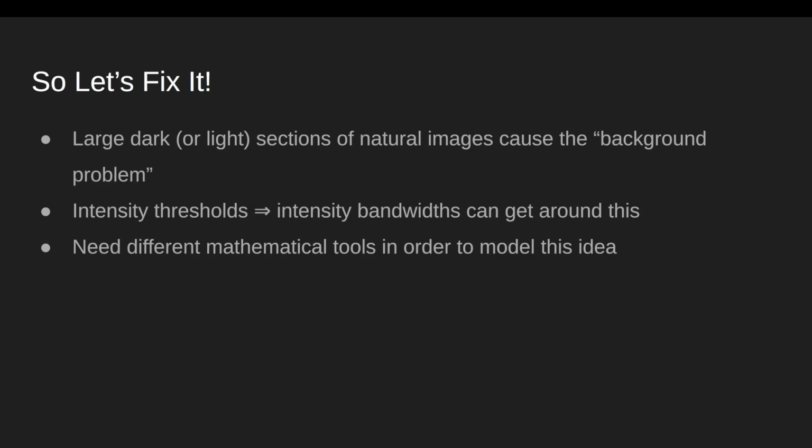The reason this causes problems for normal TDA is that it relies on intensity thresholds in order to compute the topological features. By switching these over to intensity bandwidths, we can get around this problem completely. The only catch is we'll need to tweak the math a little bit, but that's not a big deal.